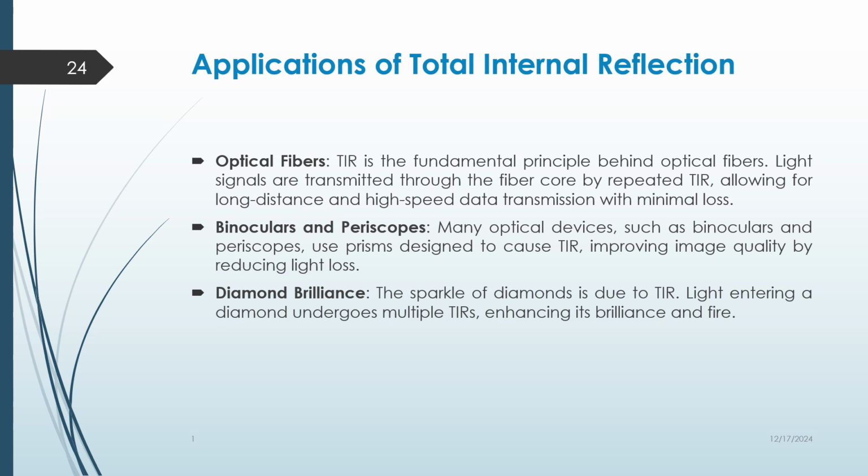In binoculars and periscopes, many optical devices use prisms designed to cause total internal reflection, improving image quality by reducing light loss. The sparkle of diamonds is due to total internal reflection. Light entering a diamond undergoes multiple total internal reflections, enhancing its brilliance and fire.